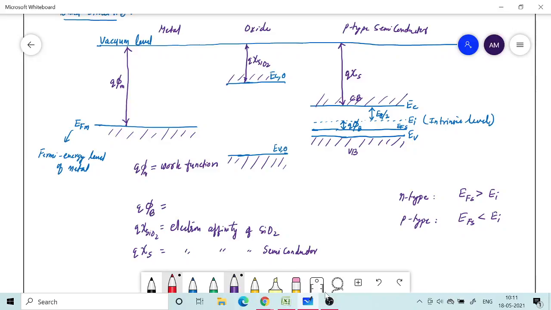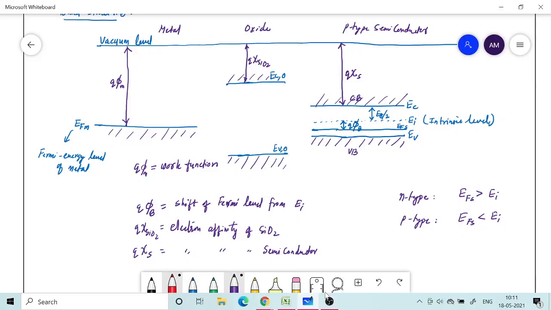That is basically the shift of the Fermi level from EI.